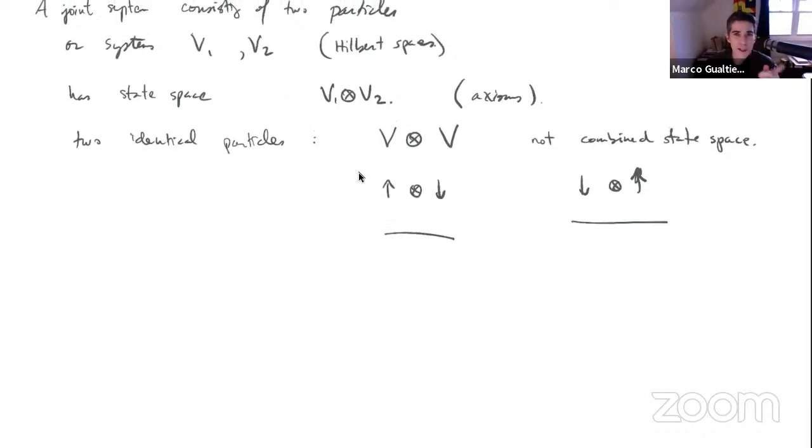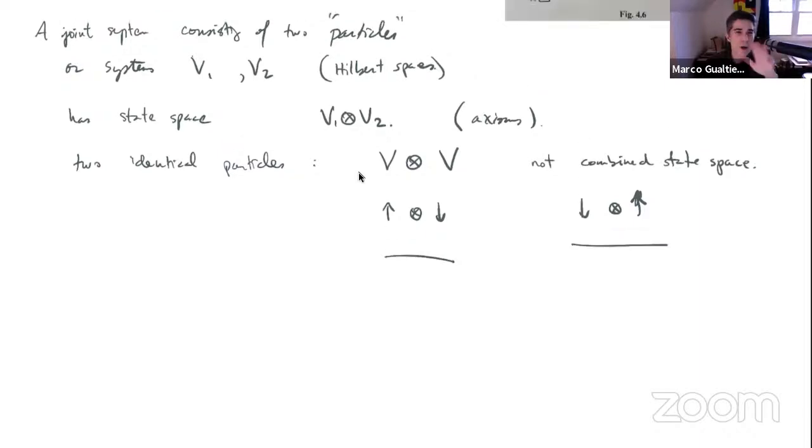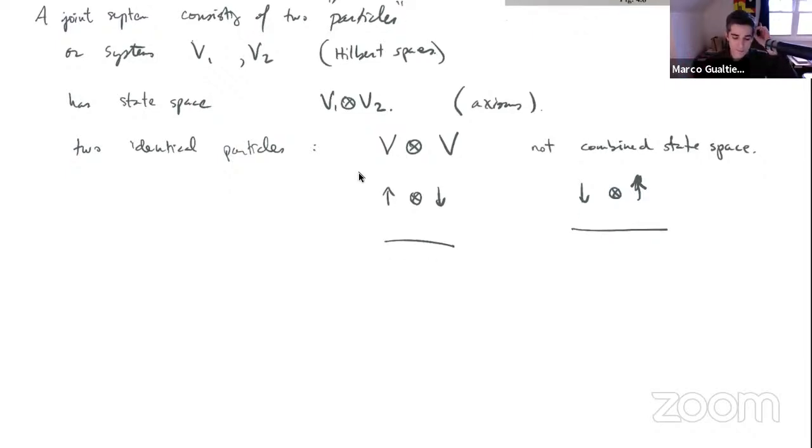It's saying that when you take a composite system of electrons, unless there's some other way that you can reliably distinguish them, unless you have a way of labeling them using external apparatus or something, which is not what we're considering here, since we're only considering the internal states, it's incorrect to say that their joint state is in V tensor V.